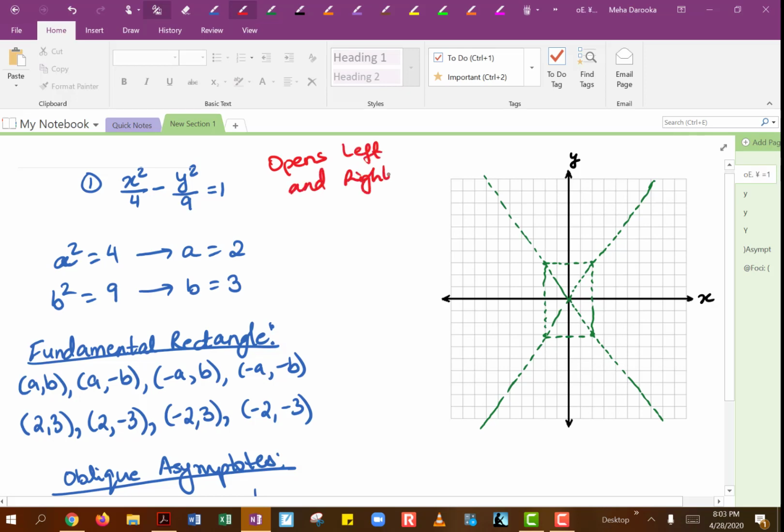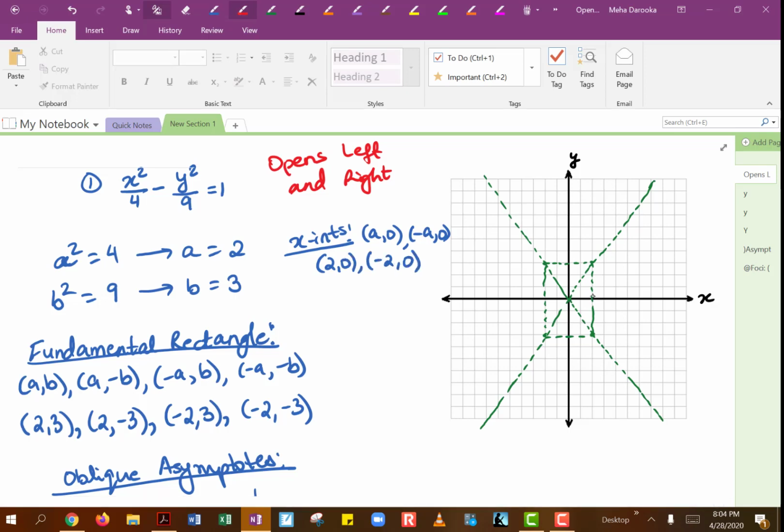And then of course our x-intercepts are going to be at a, 0 and negative a, 0. So those are going to be positive 2, 0 and negative 2, 0.